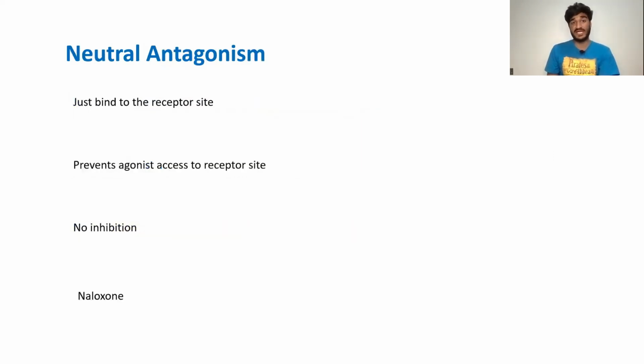And in the neutral antagonist, we see that the drug will be just sitting on the receptor site, and it will not actually inhibit the activity of the receptors. In the example of naloxone, we see that it will be binding to the opioid receptors, but it will not be inhibiting the opioid receptors.